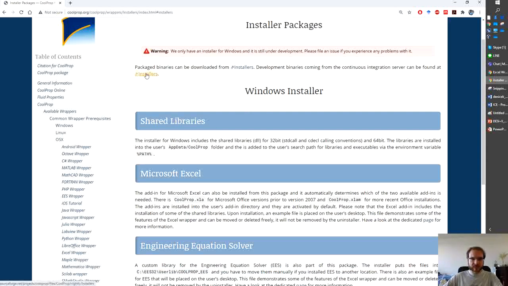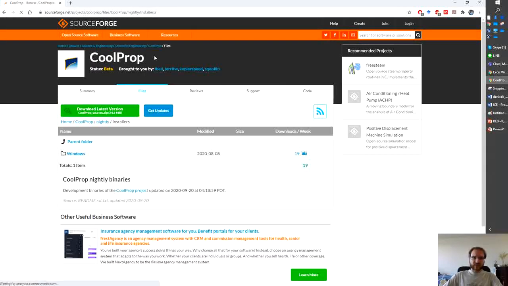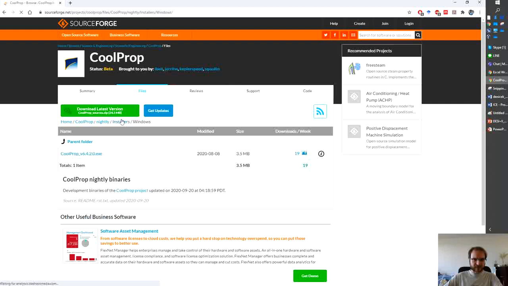Clicking on the installer's link will forward us to SourceForge, where we get the latest version of CoolProp. The interface to Microsoft Excel is done already on such a level that you just install this program and you don't need to handle anything.